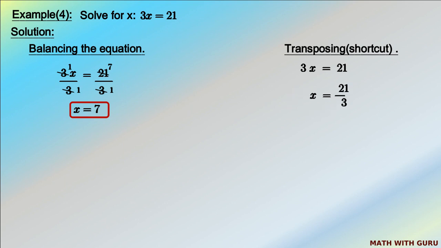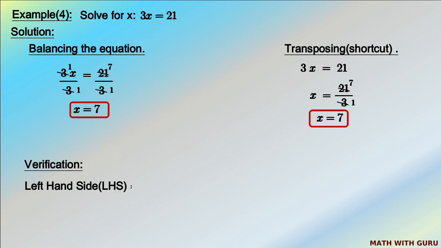It divides 21. 3 ones are 3, 3 sevens are 21. x equals 7. Let us verify. Start from LHS. 3x equals 3 into 7 equals 21, which is equal to the right hand side of the given equation.